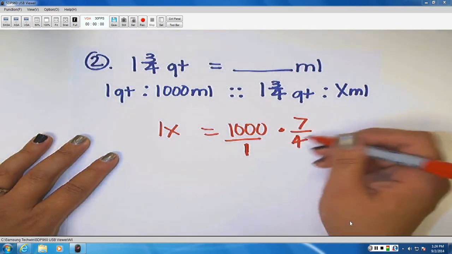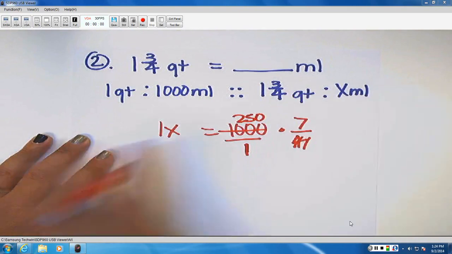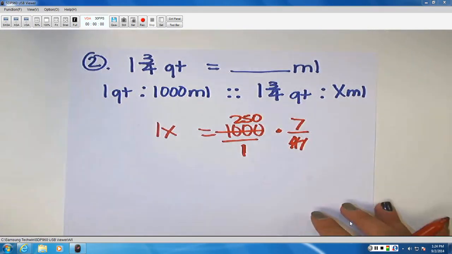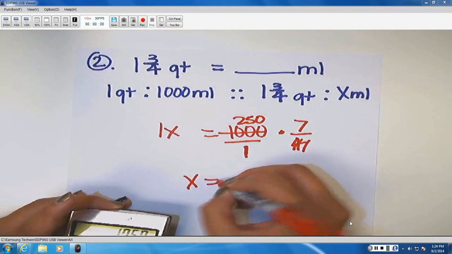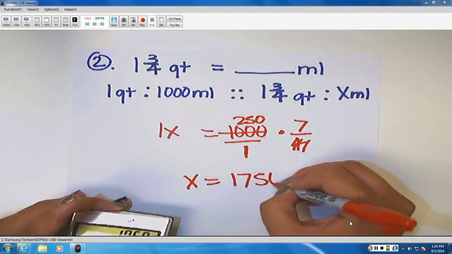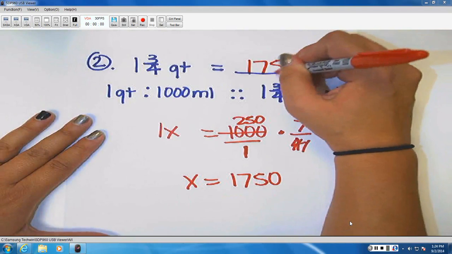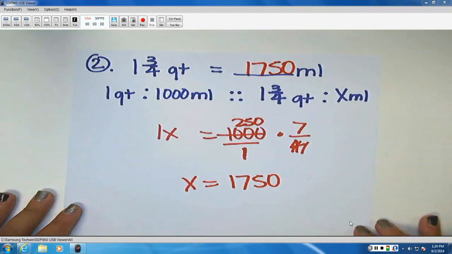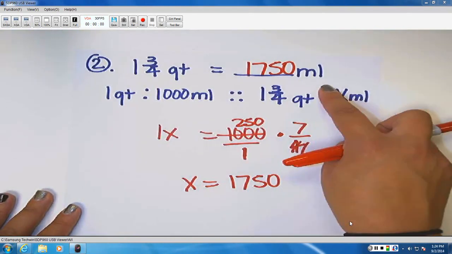Now I'll just multiply across. So 250 times 7 is 1,750. So that's my answer. 1 3/4 quarts equals 1,750 mLs.